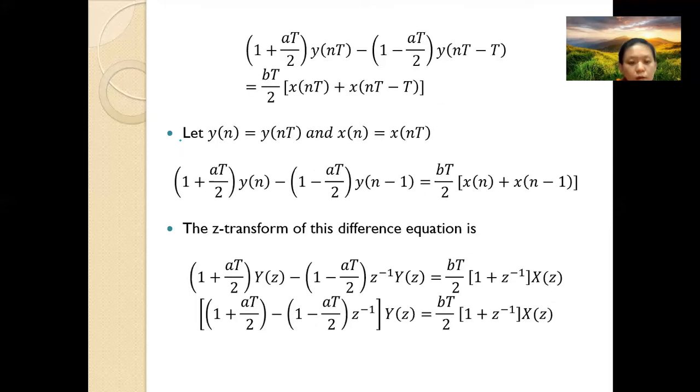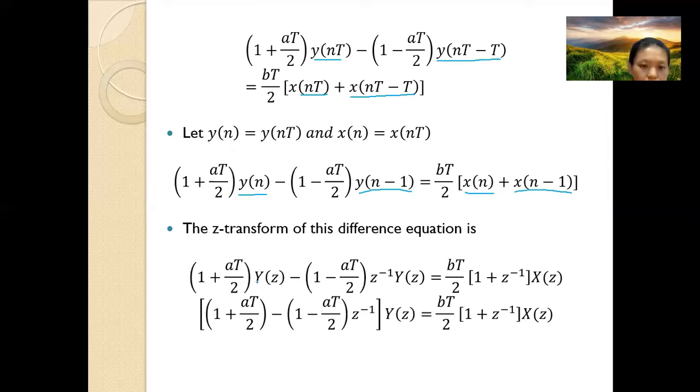After that, we let y[n] equal y(nT), x[n] equal x(nT). So y(nT) will become y[n], y(nT minus T) will become y[n minus 1], x(nT) will become x[n], and x(nT minus T) will become x[n minus 1]. After that, we take the Z transform of these difference equations.